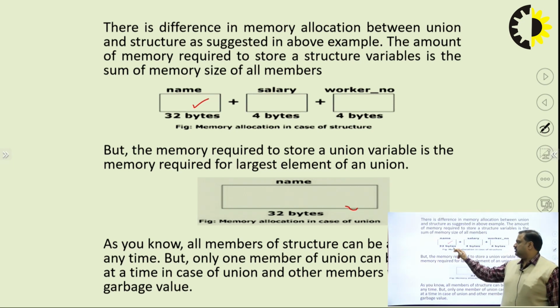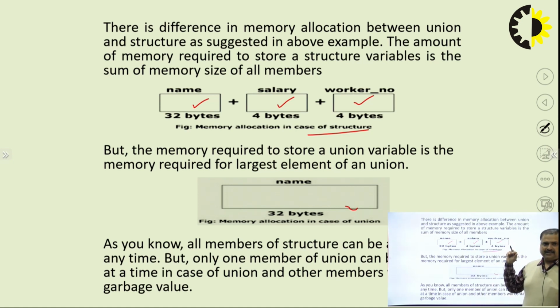Then 4 bytes for salary, which is a float, and 4 bytes for worker number, which is an integer. So 32 plus 4 plus 4, the structure will require 40 bytes. All are added, that is the requirement. But the memory required to store a union variable is the memory required for the largest member, so that will be only 32 bytes.